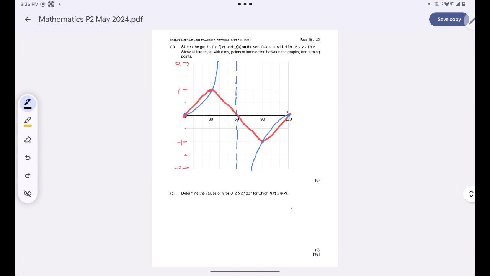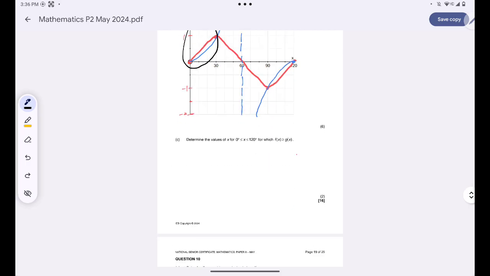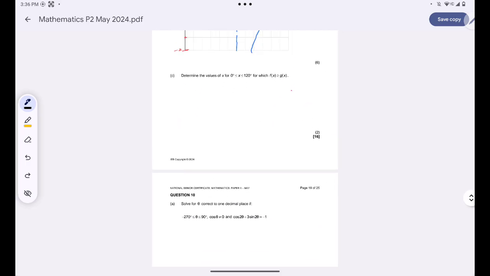That place is only here, between 0 and 30 degrees. Where else do we see that? Yeah, that's the only place. When x is between 0 degrees and 30 degrees.